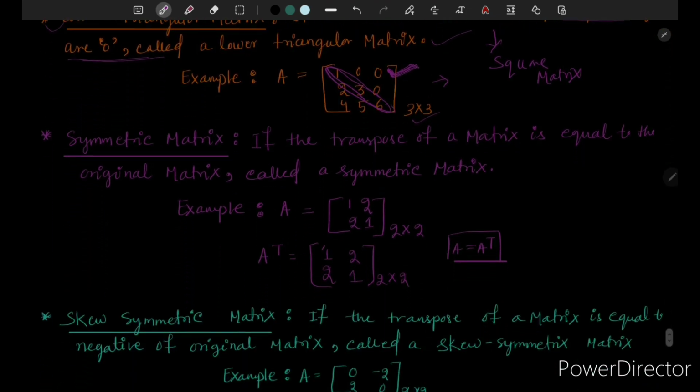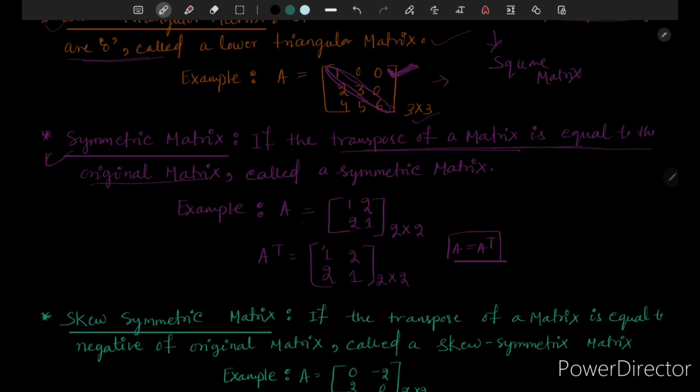So the next type of matrix is called a symmetric matrix. So what is a symmetric matrix? If the transpose of a matrix is equal to the original matrix, that means if we transpose a matrix and after the transpose we get the same matrix, then we can call it a symmetric matrix. For example, we have a matrix 1 2 2 1.